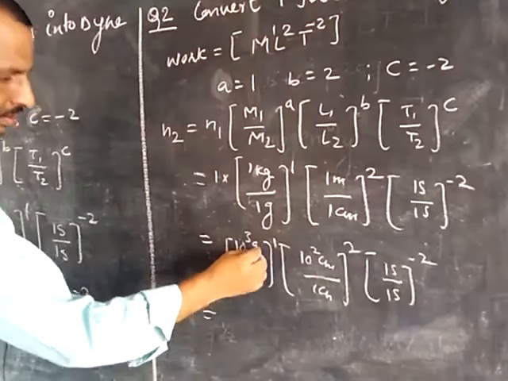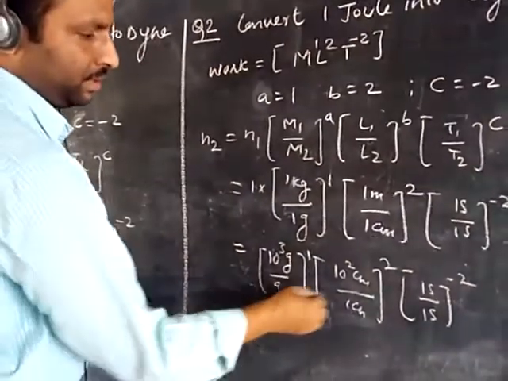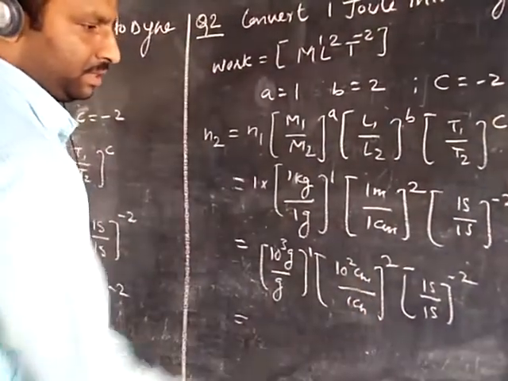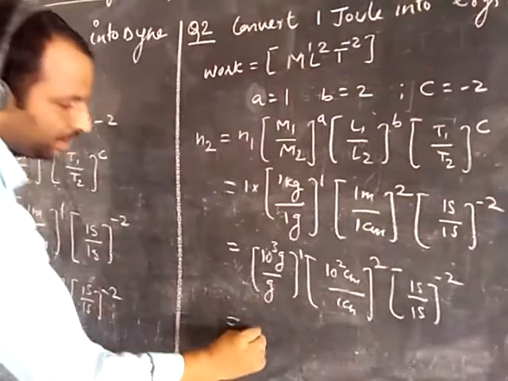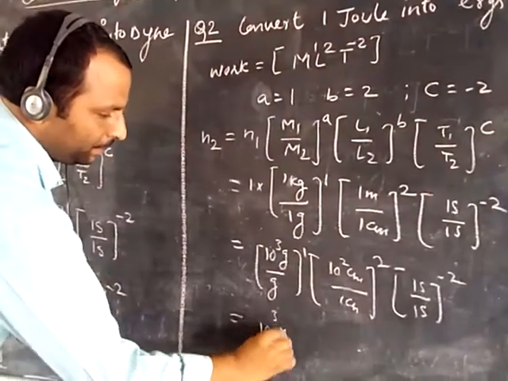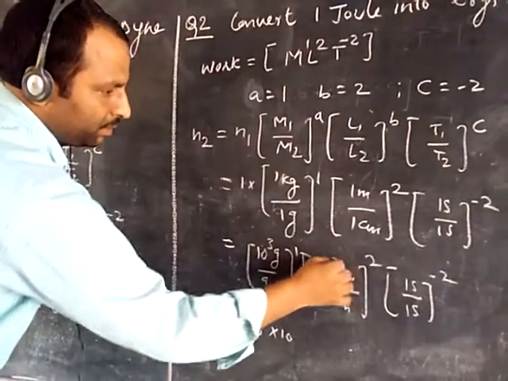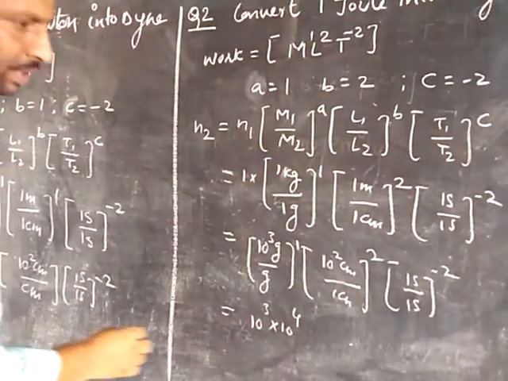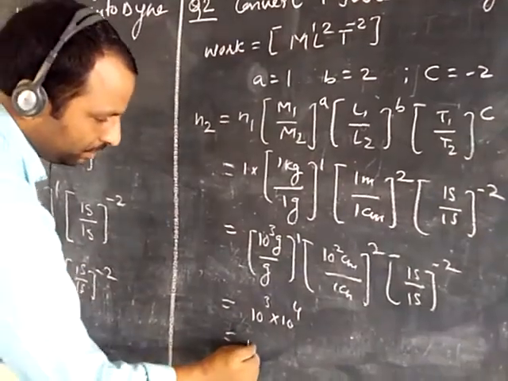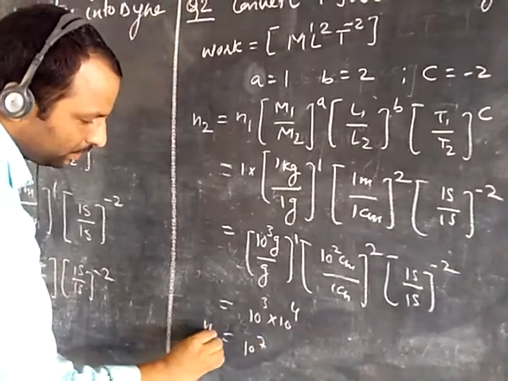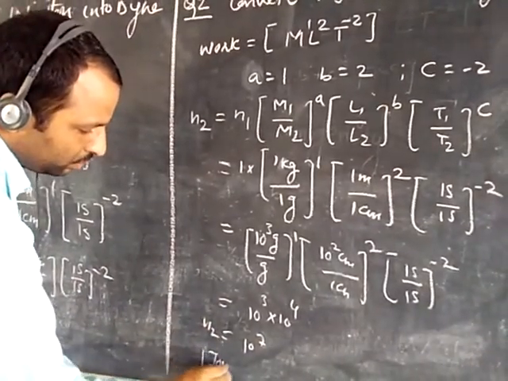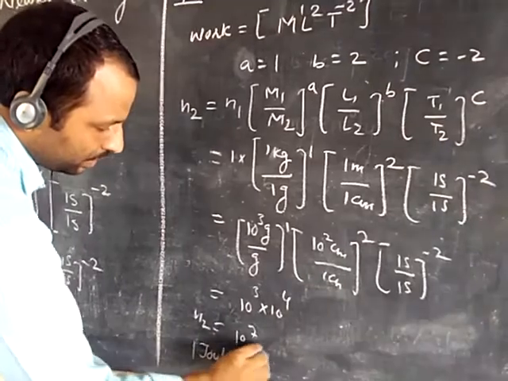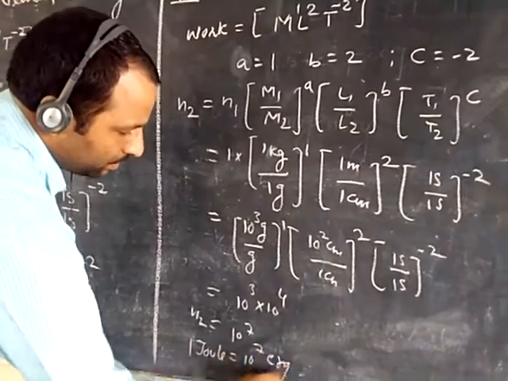Here gram and gram cancel, centimeter cancels, so 10 to the power 3 into 10 to the power 4, which is 10 to the power 7. So 1 joule is equal to 10 to the power 7 ergs.